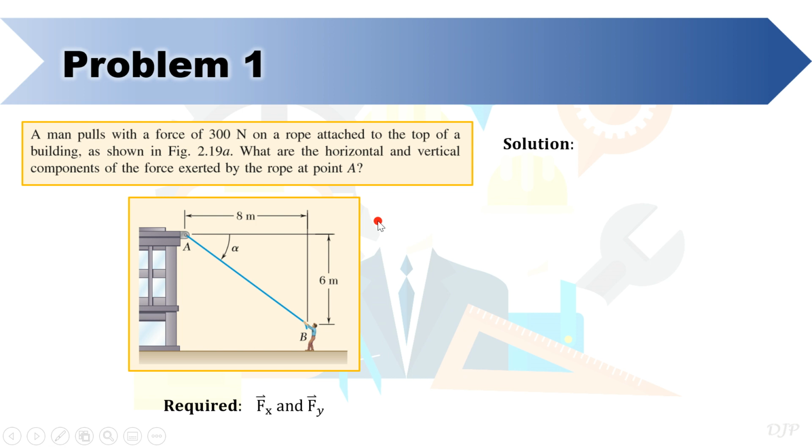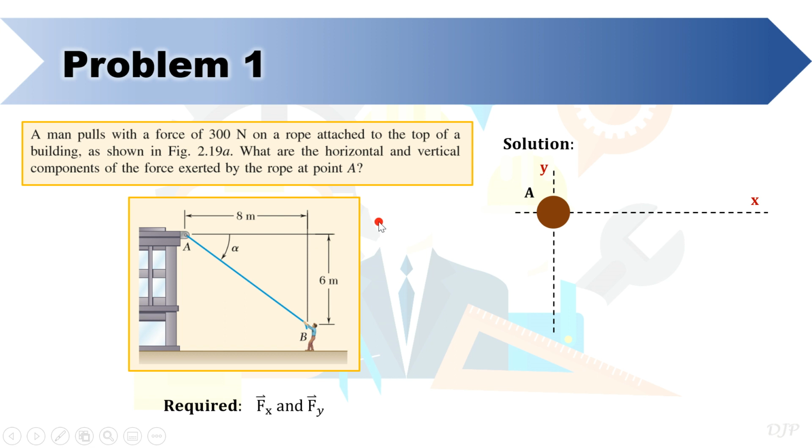We start our solution by idealizing the connection at point A as a particle and drawing the mutually perpendicular axes. Then, we label the axes as follows to denote that all force components that have either rightward or upward direction are considered positive, otherwise negative.